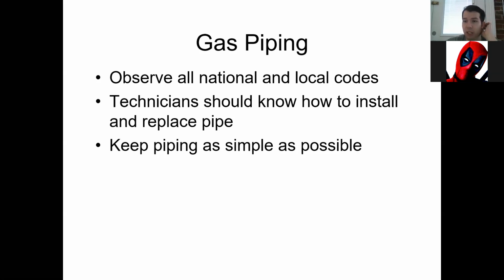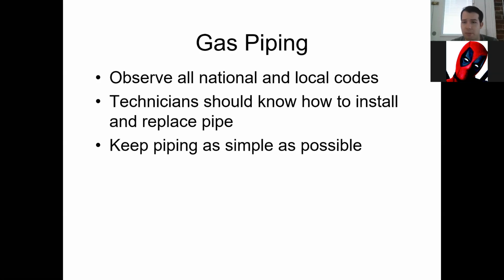And even if not, most of the time a company will give out a standard where it'll say, if you're in this county, watch out for such and such. Or you'll just learn from your coworkers and say, hey, this seems a little weird as far as how they've run this gas line. Is this up to code or against code? And they might be able to help you out.